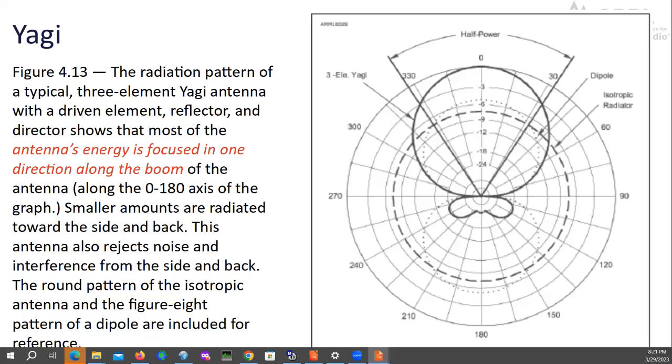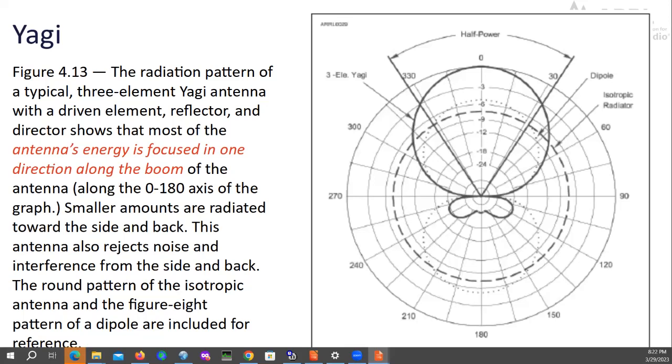But I'm still thinking that's somewhere in the neighborhood of 3, 6, 9, but I think generally 3-element Yagis are somewhere about 9 dB. Yeah, Howard, I'm looking at the box mine came in, and on 2 meters, it's 9.5 dBi.